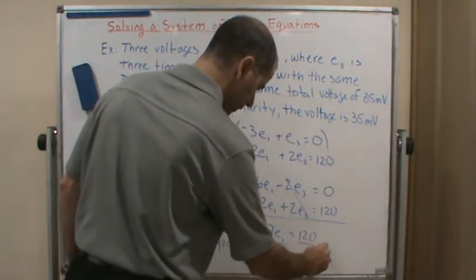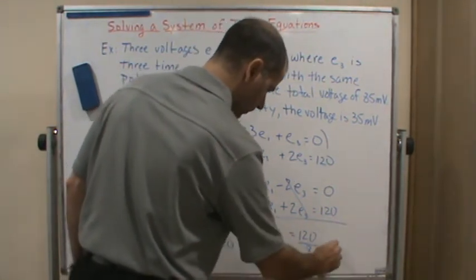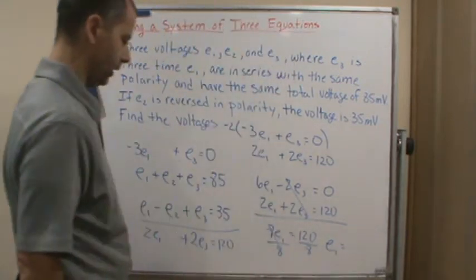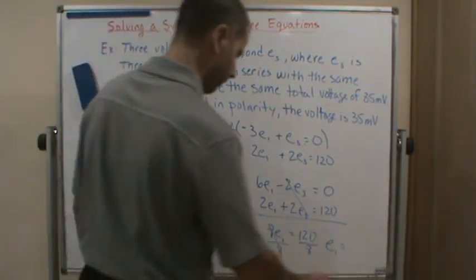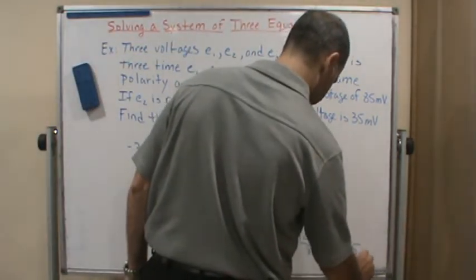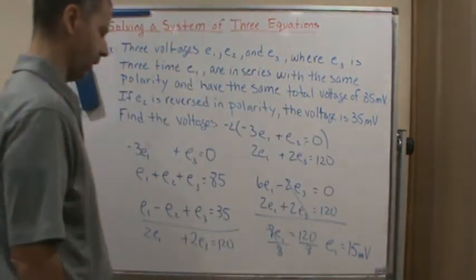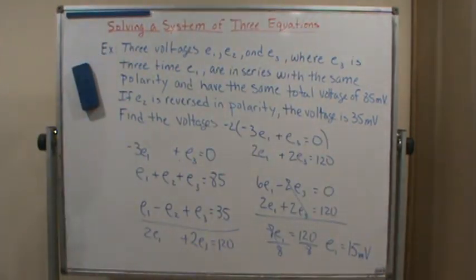We divide both sides by 8, and we get E1 equals what? Is that right? 15 millivolts. Okay, so that's E1. So now guess what? We get to back substitute and find the other ones.